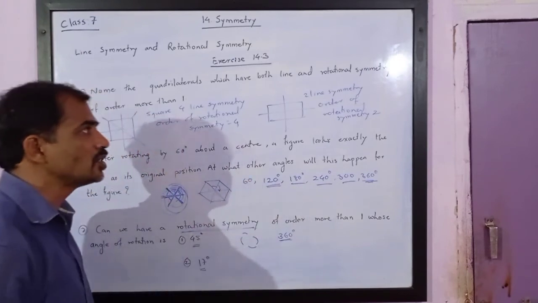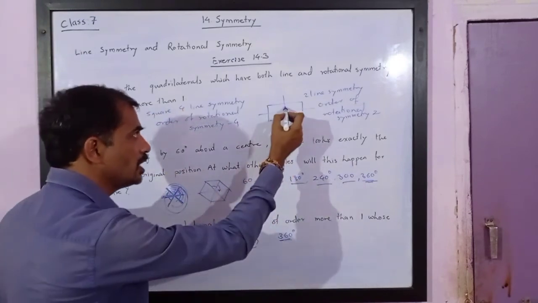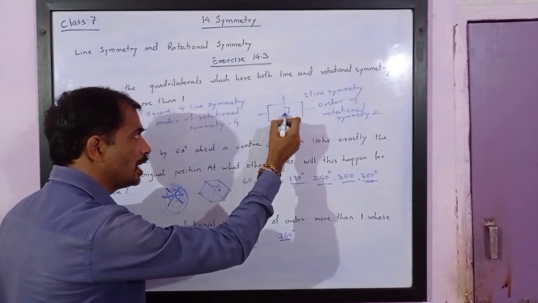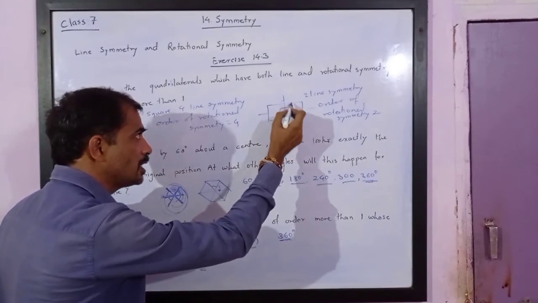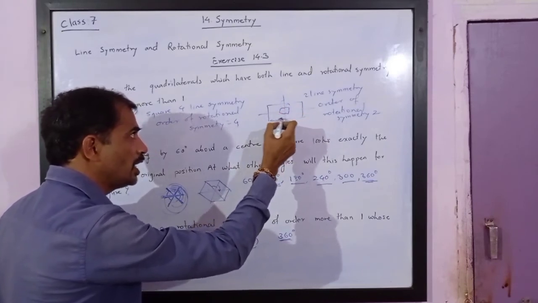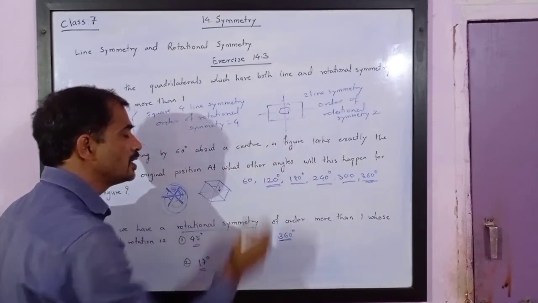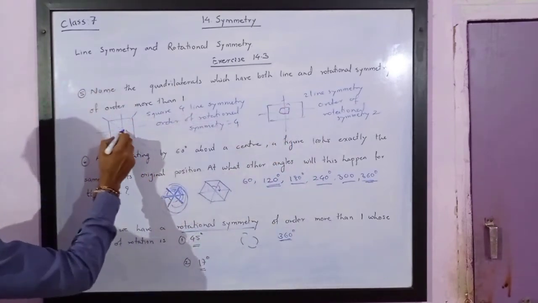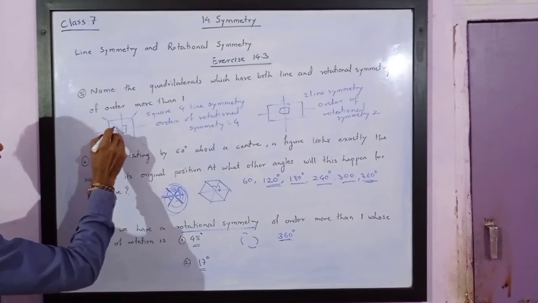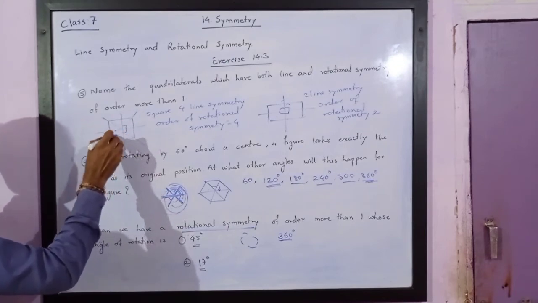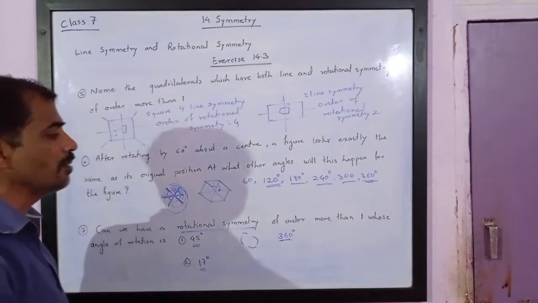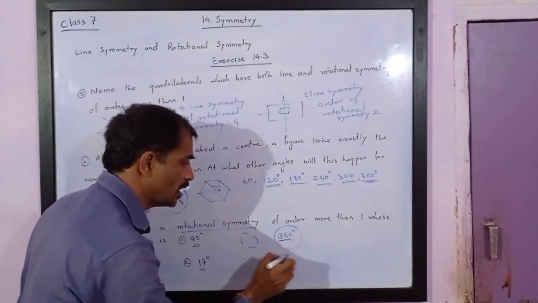In all the cases, you must have seen that if you rotate this rectangle by 90 degrees, again 90, again 90, again 90, we are rotating by 90, 180, then 270 and 360. Here also if you rotate this figure by 90, 90, 90, 90, that is 90, 180, 270, again 360. All the time we get 360 degrees.